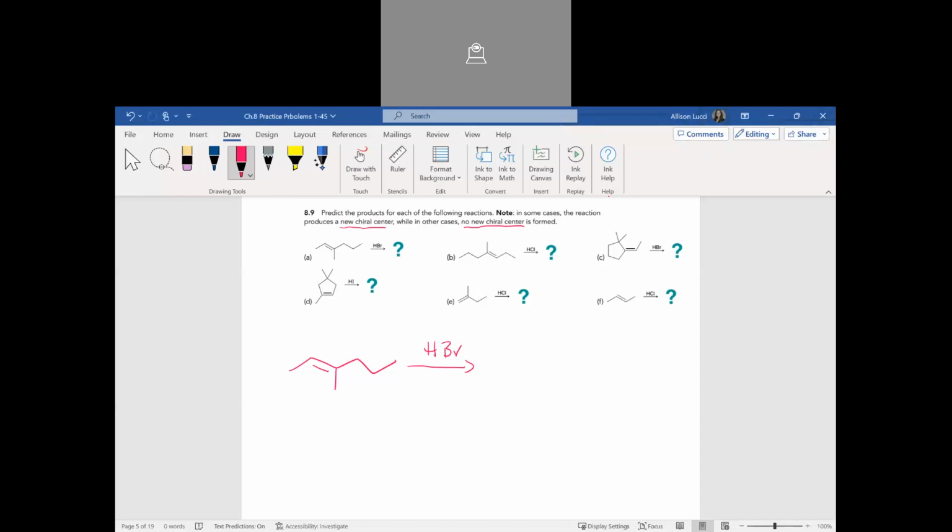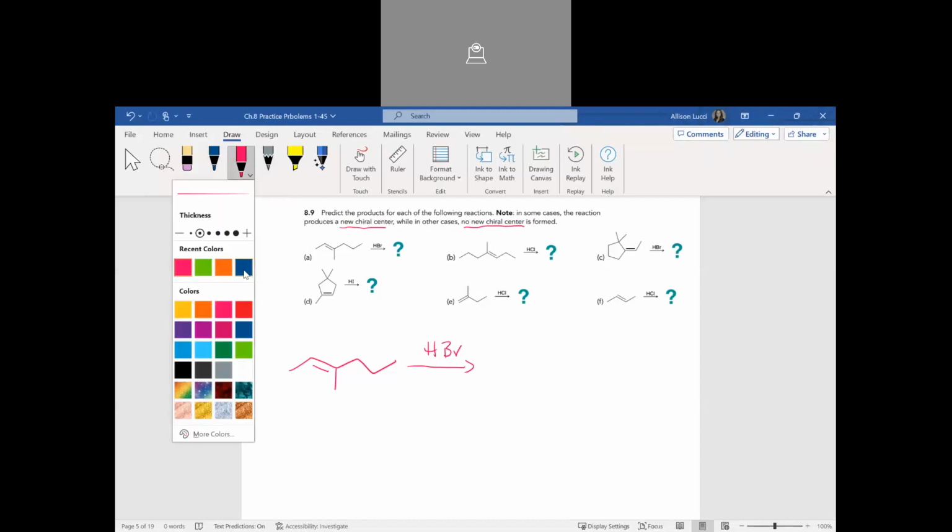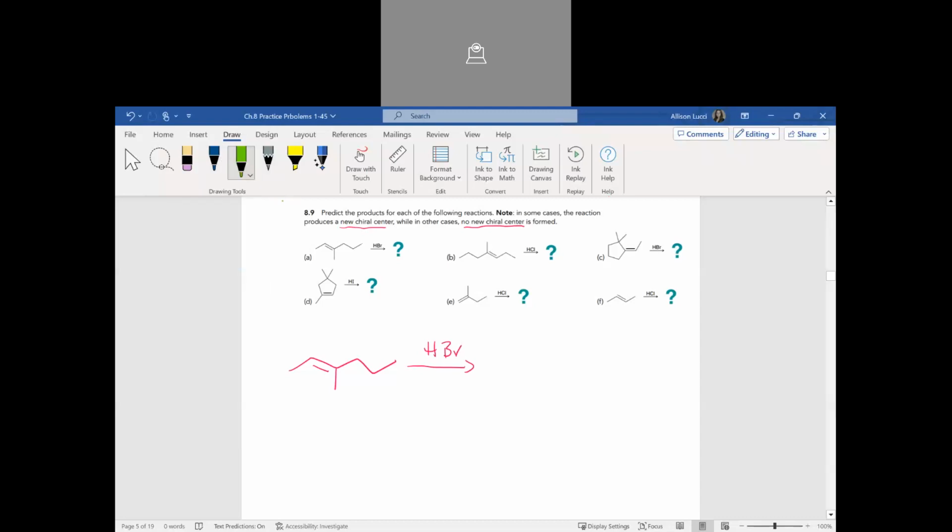So what happens when we do this reaction is we will create one chiral center. At this site right here, we will install the bromine because this is the more substituted region. So we're going to end up with this as our final product.